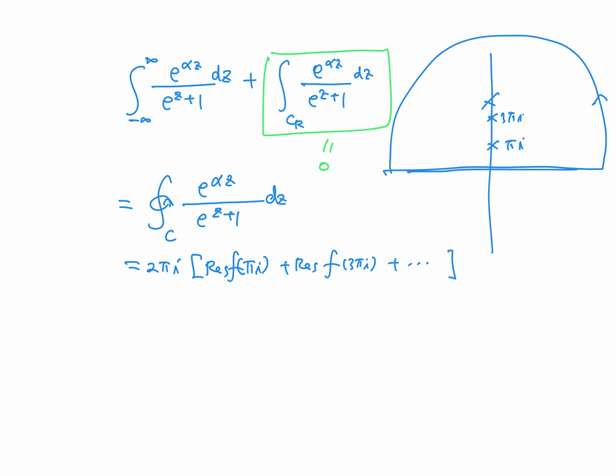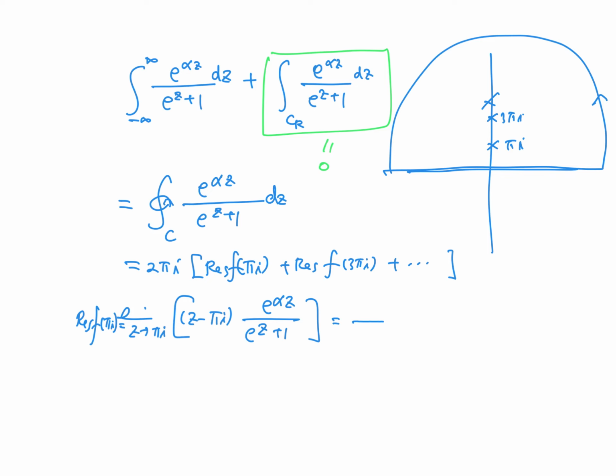So let's try to find the residue. This is very simple actually. The residue at pi i is the limit as z goes to pi i of (z minus pi i) times exponential alpha z over 1 plus exponential z, and then you can apply N(z) over D'(z).